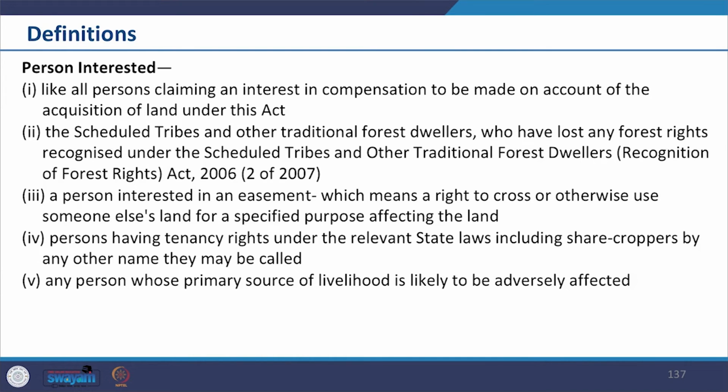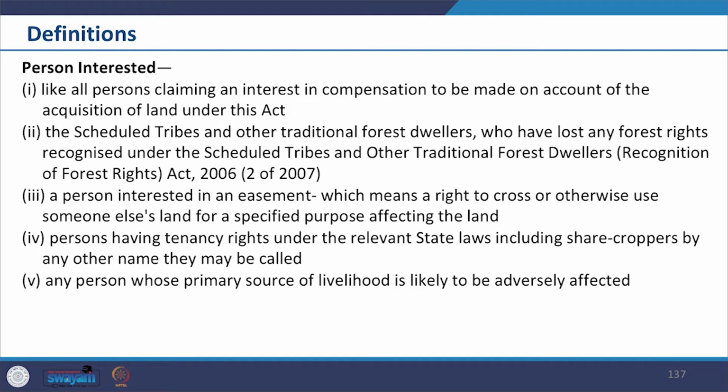It also defines persons interested. So, persons interested are all the persons claiming an interest in the compensation to be made on account of acquisition of land under this Act. The scheduled tribes and other traditional forest dwellers who have lost a right recognized under the Scheduled Tribe and Other Traditional Forest Dwellers Act, they all come under persons interested.